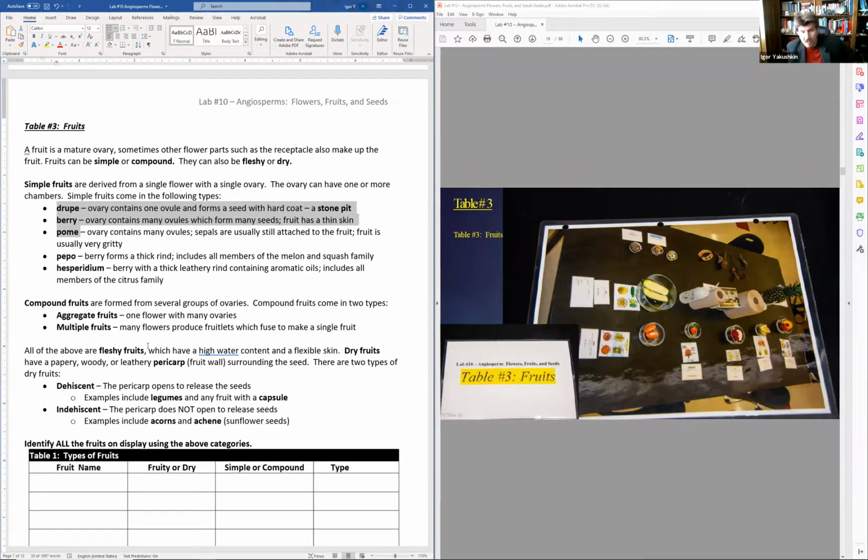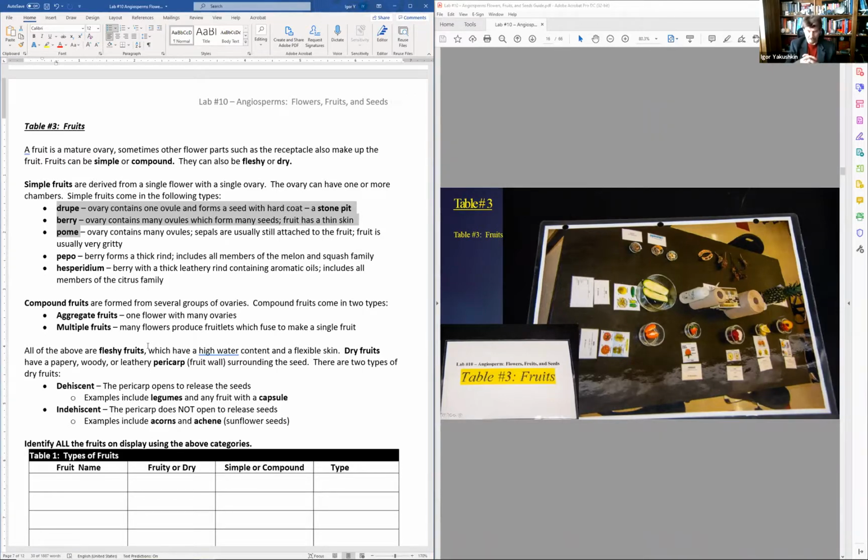Then you will need to figure out if it's dehiscent or indehiscent. Again, just refreshing your memory from the last time, dehiscent dry fruits, whenever the fruit is ready, will literally open up, releasing the seed. If it's indehiscent, it will stay closed, and whenever the embryo grows, the seedlings grow, it will have to break its way through.